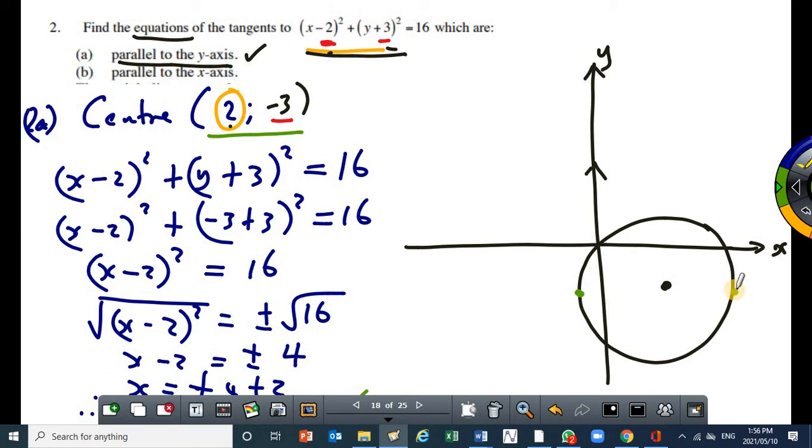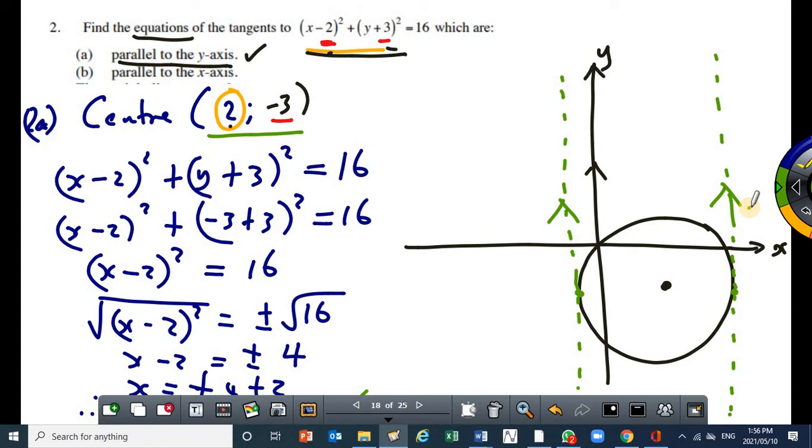It means we have two tangents on both sides of the circumference. And both of them are parallel to the y-axis, like this. So all three are parallel to each other. So we need to find the equation of this tangent and the equation of that tangent. Two equations. And both equations don't have m, that is the gradient.